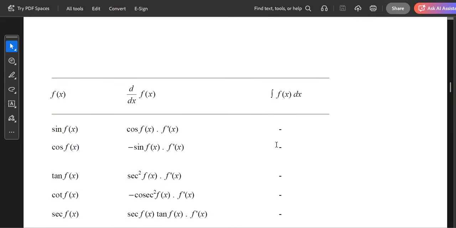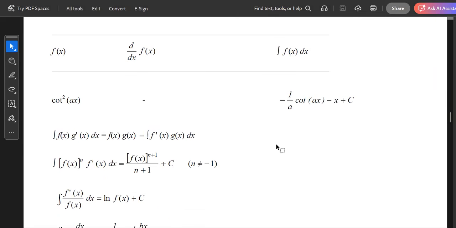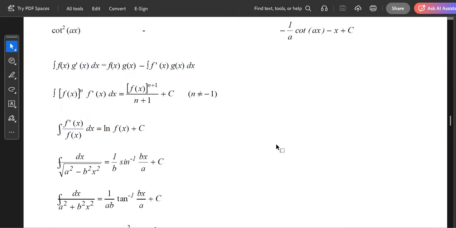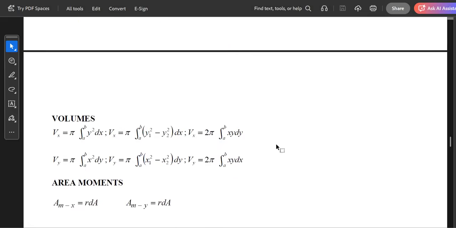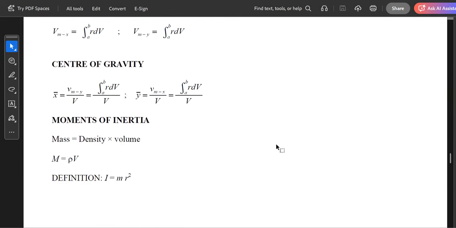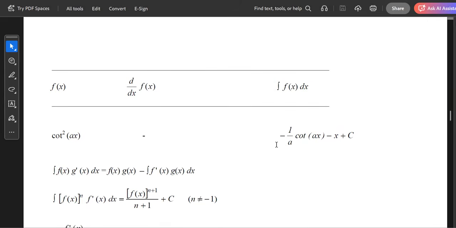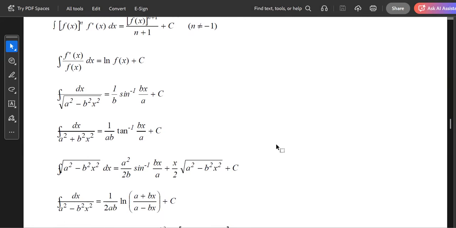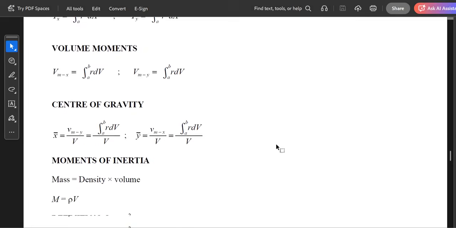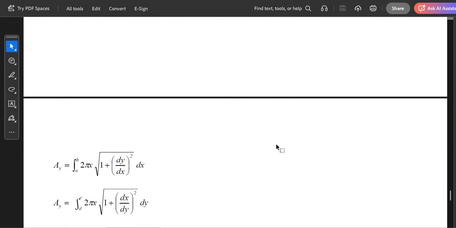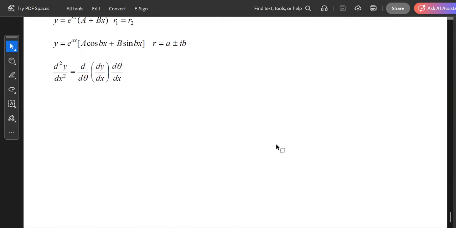If we go down, it's supposed to be the last page. When I was removing these things, it also removed the page numbers. But anyways, it's supposed to be the last page here.